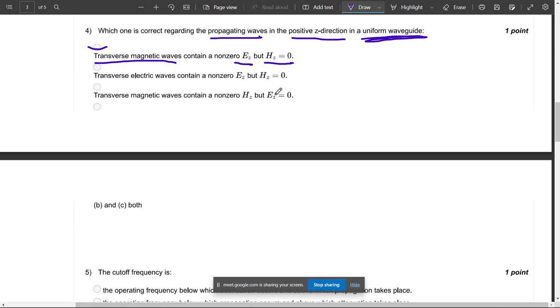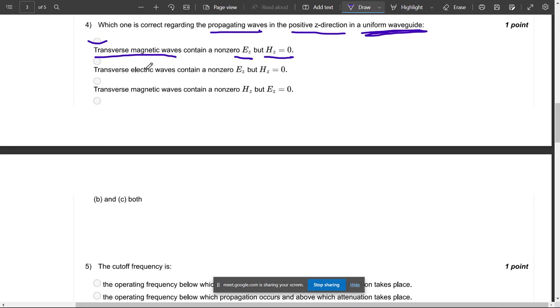Okay, correct. Read the second statement. What is the second statement here? The second statement here says transverse electric wave contains non-zero Ez, but Hz is equals to 0. Okay, this one is wrong.